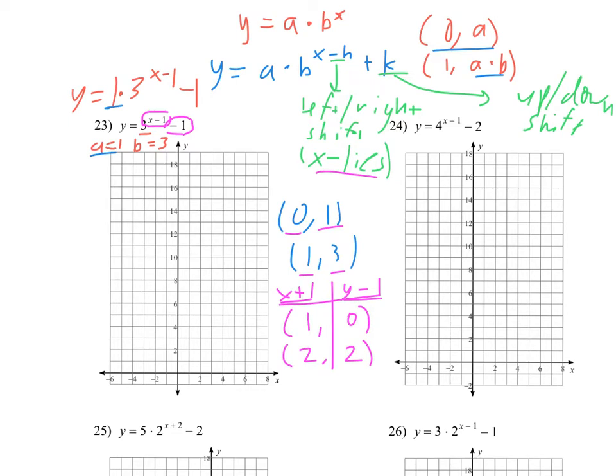All right, so those are going to be my points here. I have 1, comma 0 right there, and then 2, comma 2 right there. And so we still have our same exponential growth here. It's growth because our b value is greater than 1. And so that's a good looking graph right there.